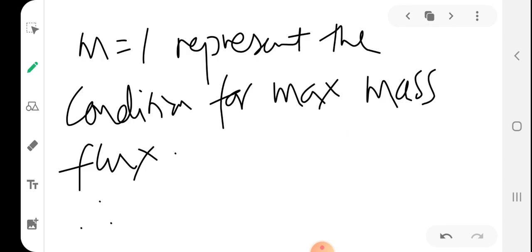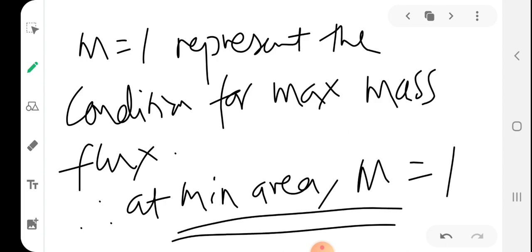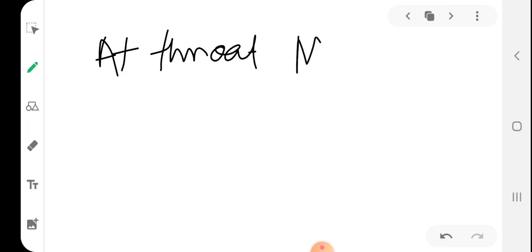So therefore, at minimum area, you will get Mach number equal to 1. So maximum mass flux is always at minimum area. That is what we have obtained. So this is how we write the Mach number at throat. Throat is the minimum area of flow. At throat, M is equal to what? That is what we have obtained.